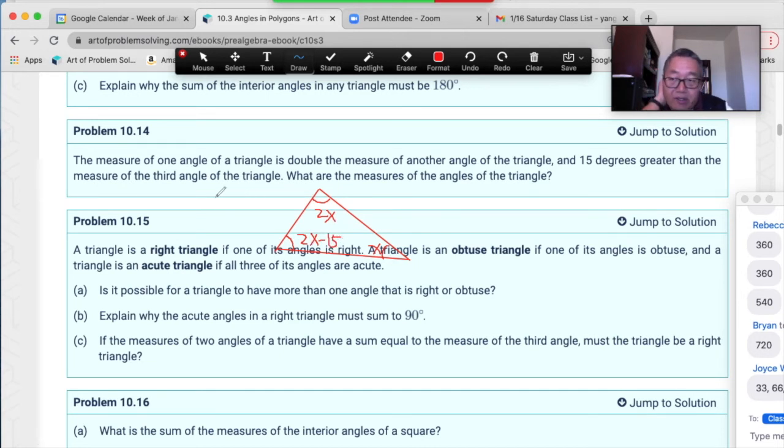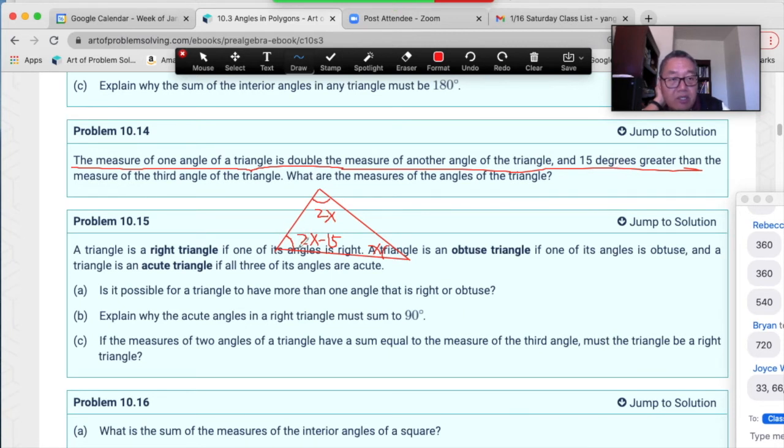So here you need to read this sentence carefully, okay? They tell you, suppose we have this angle measure that is double another angle. Suppose this angle is the smaller angle. This angle is twice this one. And they also tell you this angle is 15 degrees greater than the measure of the third one.